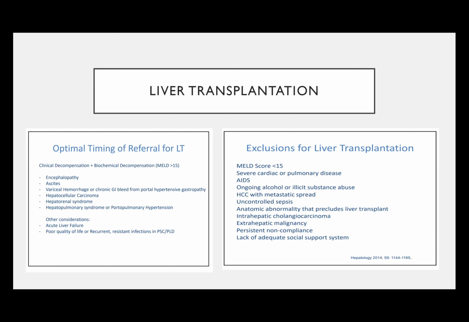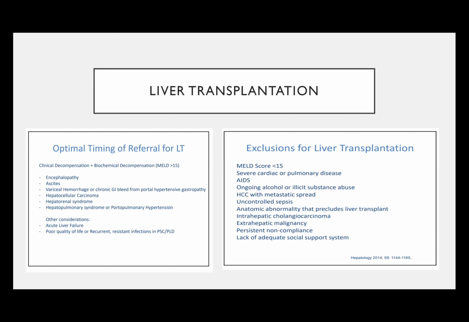Of course, there's exclusions, a lot of them are common sense ones: AIDS, severe heart failure from some other cause, ongoing drug abuse or alcohol abuse, spread of HCC takes you off of the list, unfortunately.